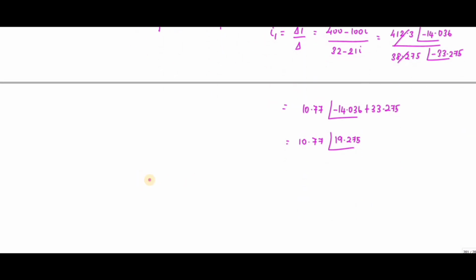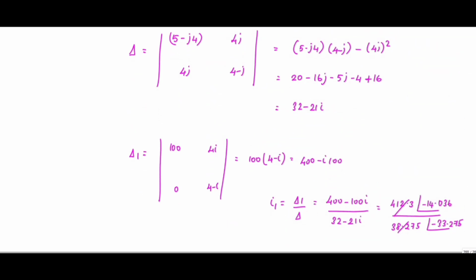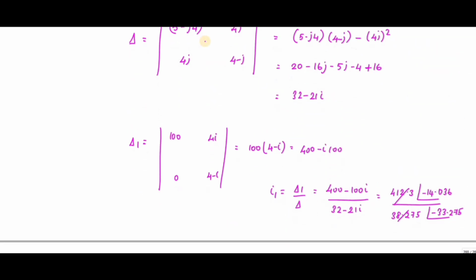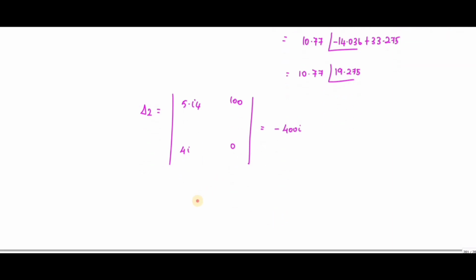Likewise, to find the value of I2, first you have to find del 2. For del 2, I substitute in this value, 5 minus j4, 4j. If I solve, you will get minus 400j. So what is I2? I2 is equal to del 2 divided by del.